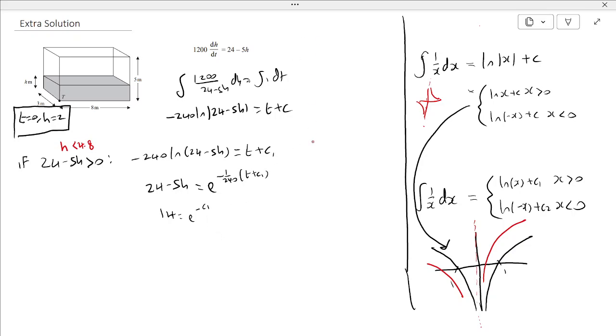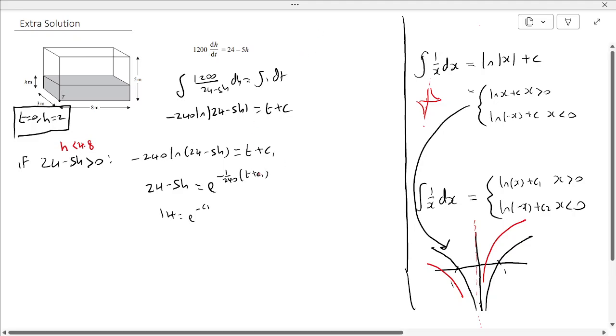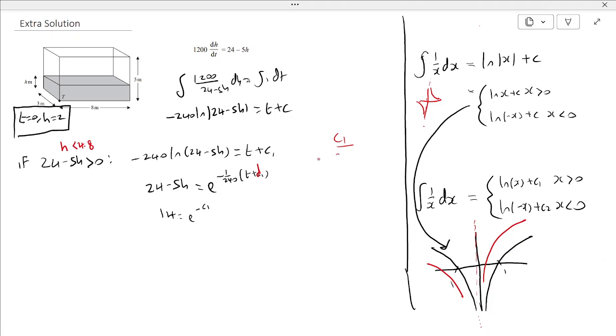If you go back and watch the video, when I divided by the 240, I'll call it d1, we said that c1 over 240 could just be written as d1, or I guess negative c1. So you can just put the constant here. It's a bit easier. So this just gave us e to the d1. So d1 is natural log of 14.